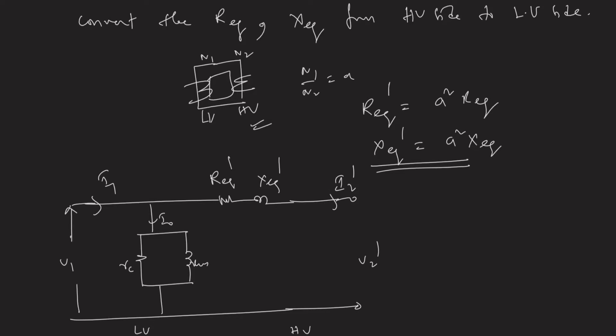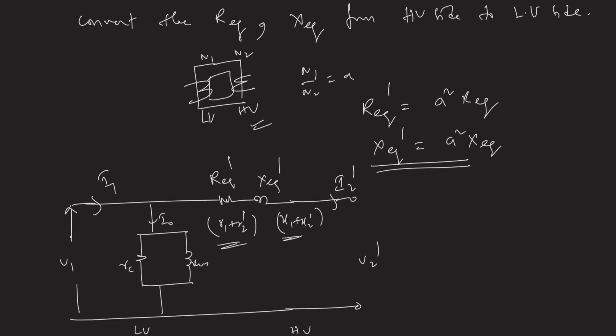So if they give any proportion, then you can divide this one according to that proportion. R1 plus R2 dash, and this is X1 plus X2 dash. So you have to divide those values, right?